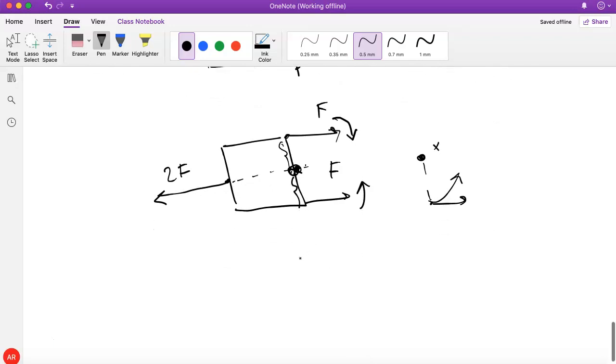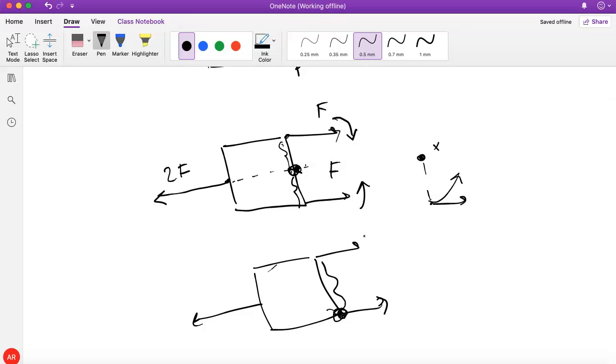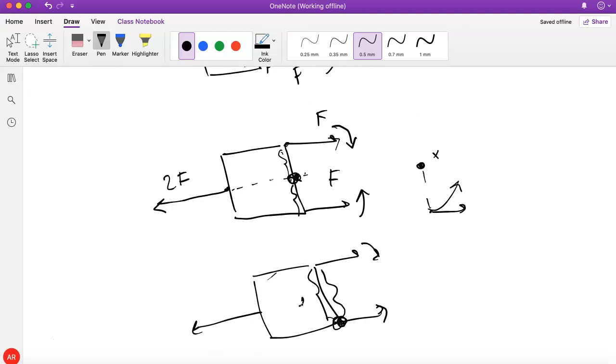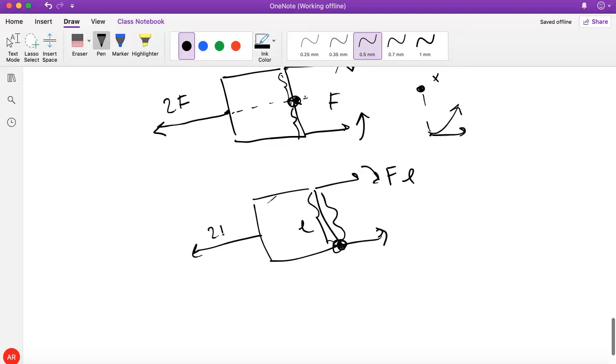You could have done it differently. Let's say you put your axis here; well, this gives me 0. This gives me a torque this way, and if that distance is L, it is F times L. Here the force is 2F and this distance is L over 2: twice the force, half the distance.